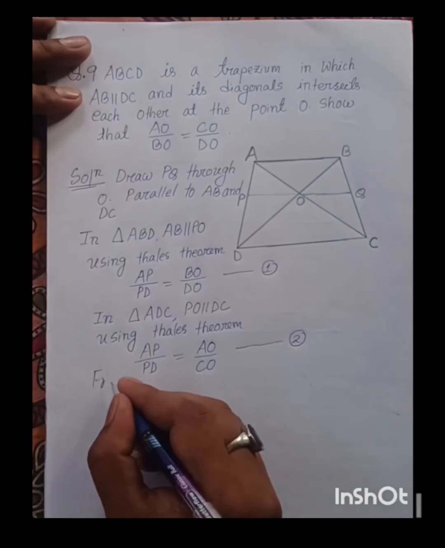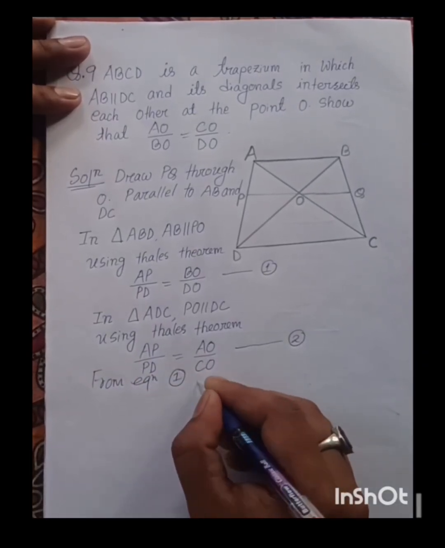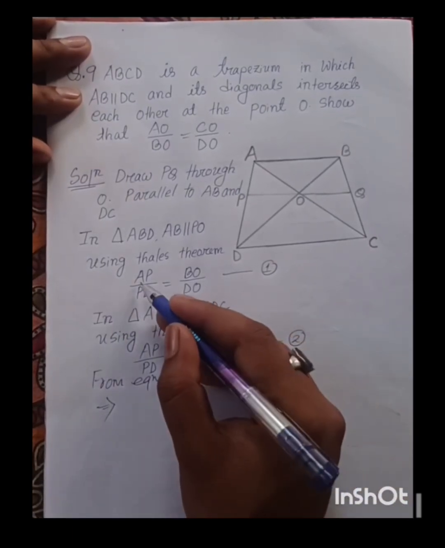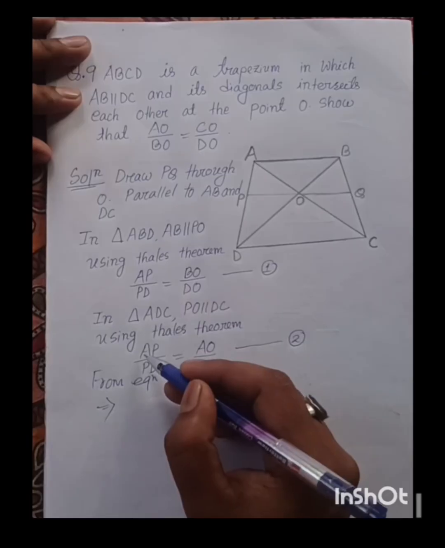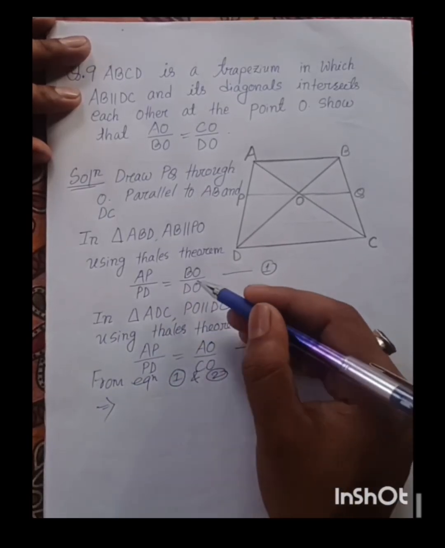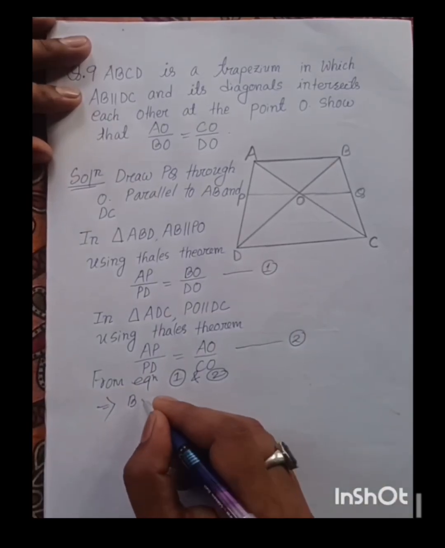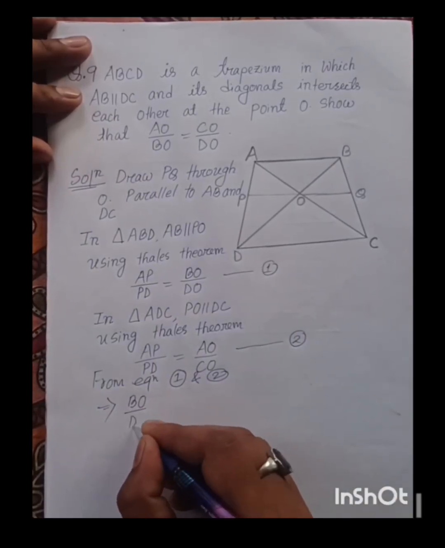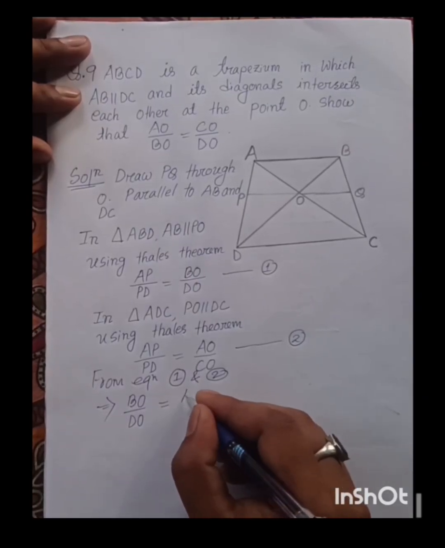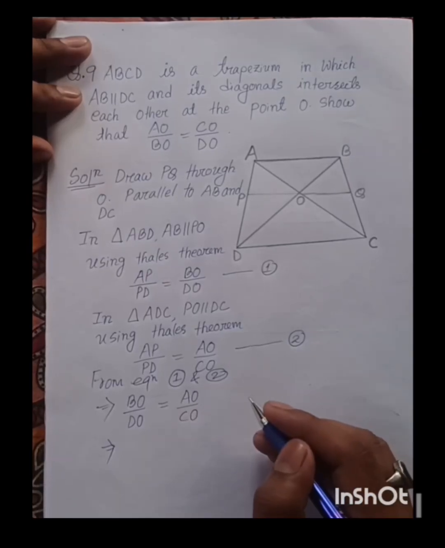Now from equation number 1 and 2, I can write AP by PD, and here also AP by PD. So these two same ratio you don't write, only you compare this and this. So I'll write here BO by DO equal to AO by CO. Now I will check our proof.